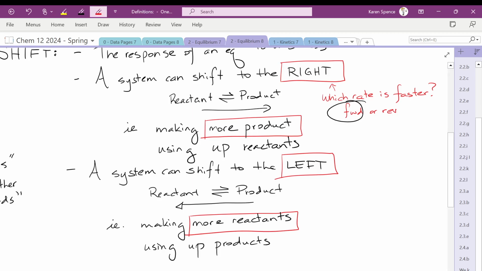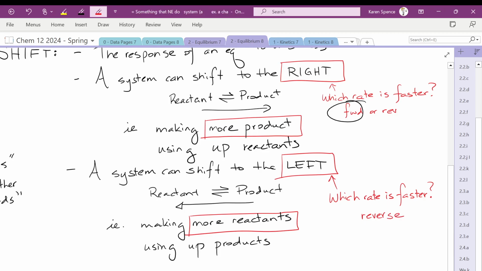And if we are shifting to the left, which rate is faster? The reverse, right? So if the reverse rate is going fast, and your products are over here, and the forward rate is going slow, what are you going to end up with more of? More of the reactant, okay?